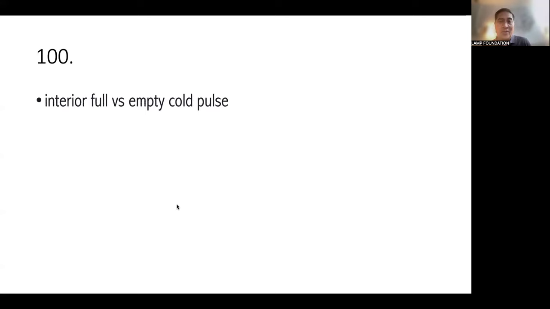Okay, the last one. Can you compare the pulse for interior full and empty cold? Interior excess, then tight type siya, plus slow. Yeah, slow.